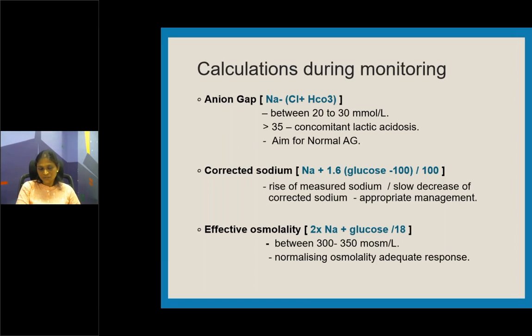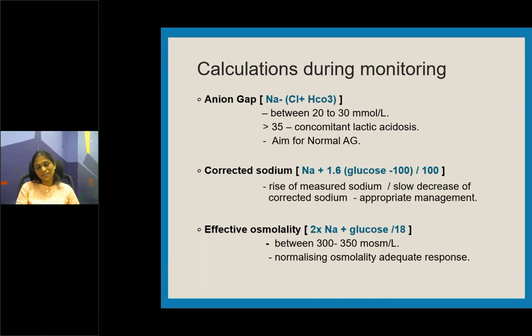The next very important thing which we have to calculate is the effective osmolality. Effective osmolality is produced by substances which exert an osmotic effect across the cellular membrane and do not cross the cellular membrane. This is usually done by sodium and glucose.